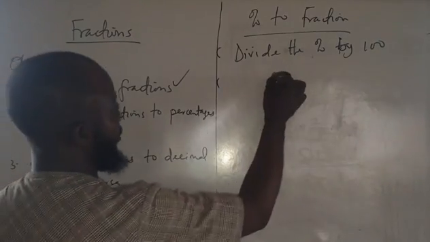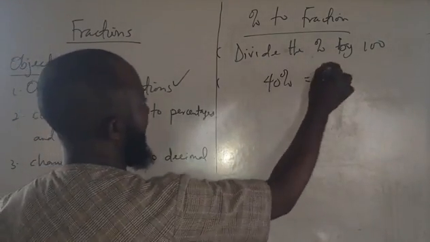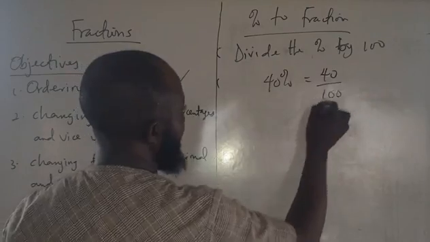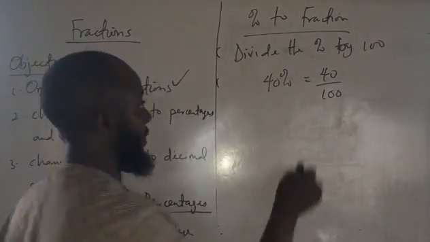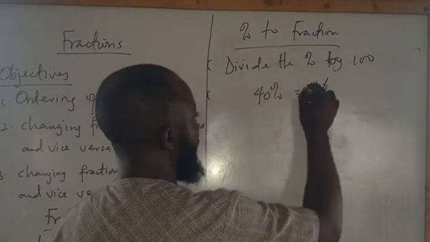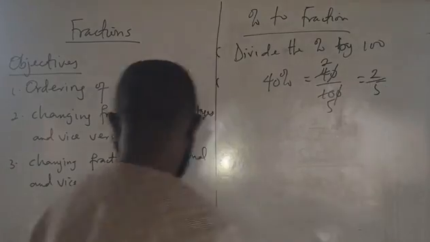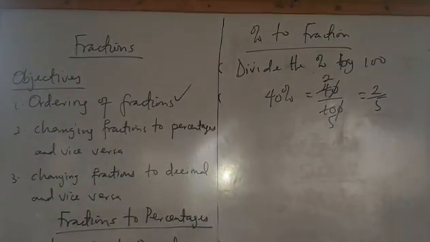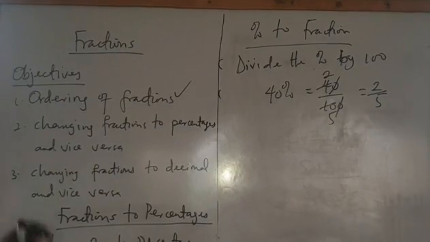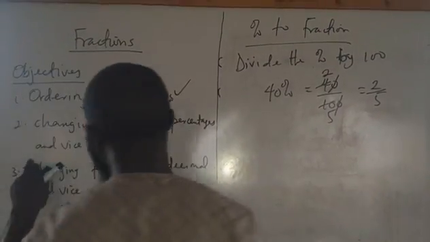What am I going to do? 40% will then become 40 divided by 100. Then I will simplify it further. 0 we cancel 0. 2 here, 2. 2 here, 5. That is 2 divided by 5, which is what we have initially. You can see it's so simple. We are done with this.